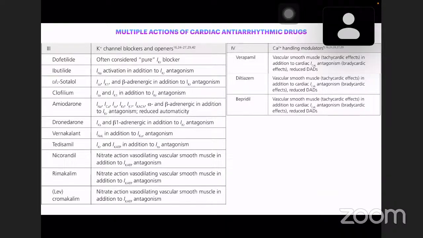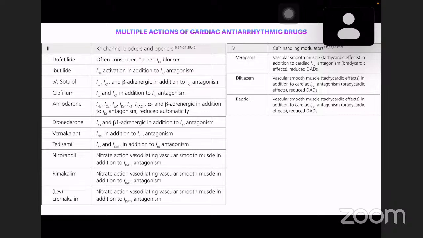And amiodarone acts on a number of channels. It acts on sodium, potassium, calcium, and every channel, and it decreases the inflow. Dronedarone acts on the slow potassium current and also has beta 1 adrenergic action. And vernakalant acts on late sodium channels, and tedisamil acts on the rapid potassium inflow current and blocks it.